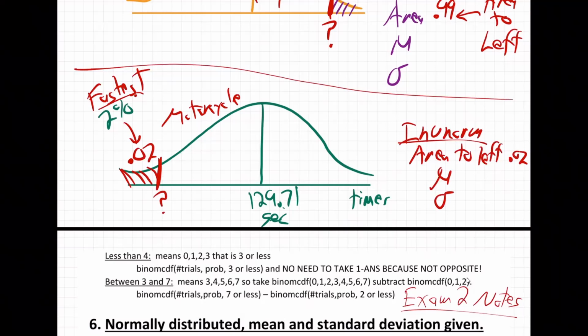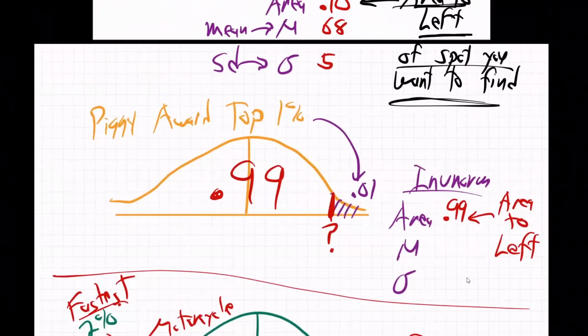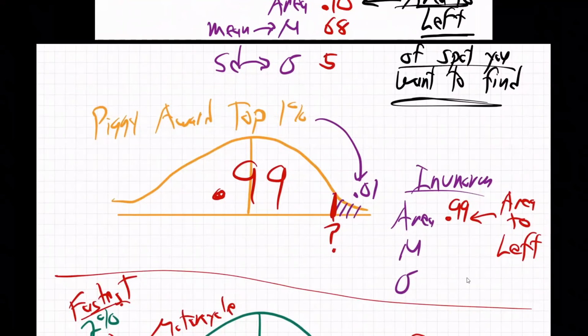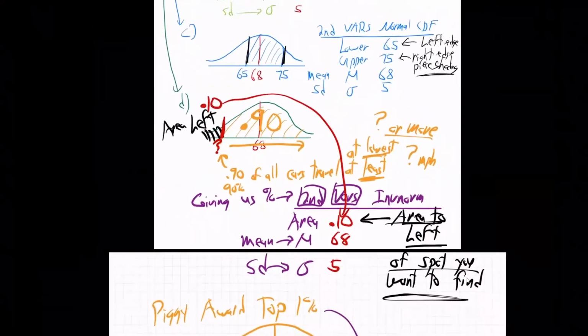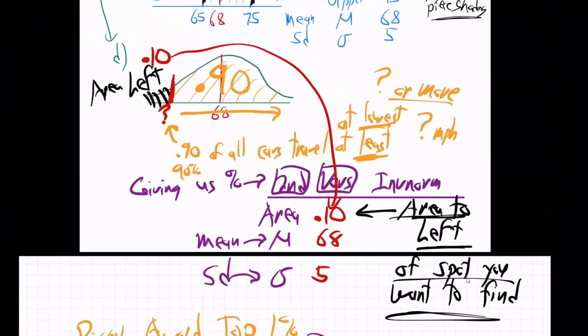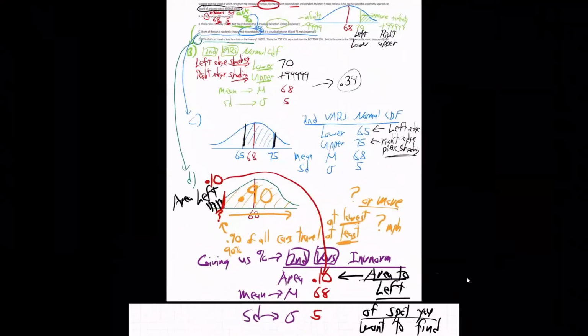So they are giving you the area to the left. You just put it in directly, 0.02. But for this one up here with the Piggy Award, they're telling you top 1%, so area to the left is 99%. For this one up here, where I'm putting in the car travels on the freeway, they want the top 90%, so the area to the left is 0.10. That making sense? So that's how we do those.